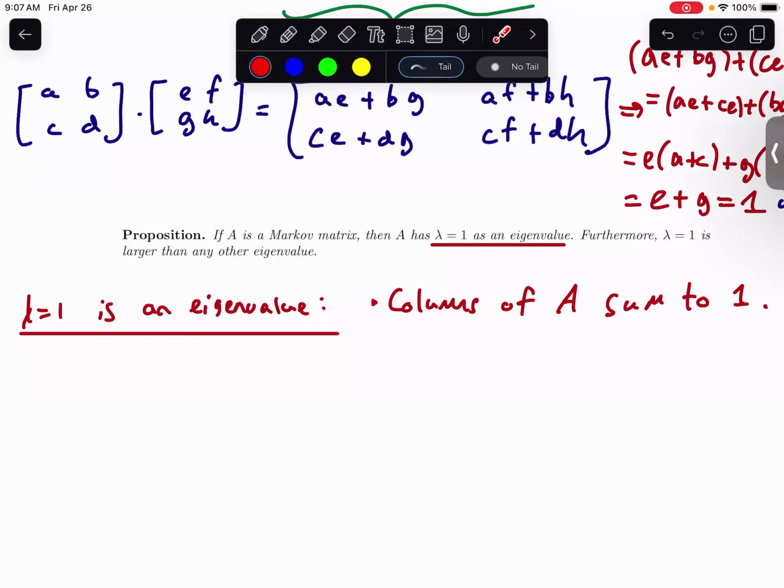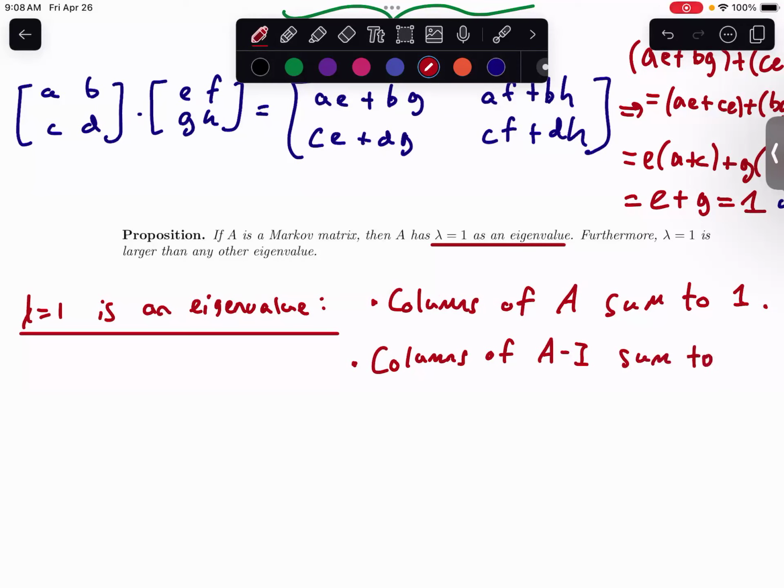If we're determining if lambda equal to 1 is an eigenvalue, you take your matrix and you subtract 1 along the diagonal. And so how we can utilize this information is if we write the same statement over again, except we do A minus 1, we have that the columns of A minus the identity are going to sum to 0.